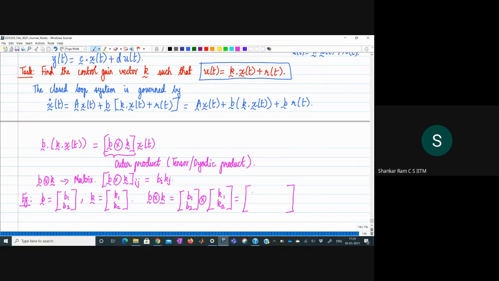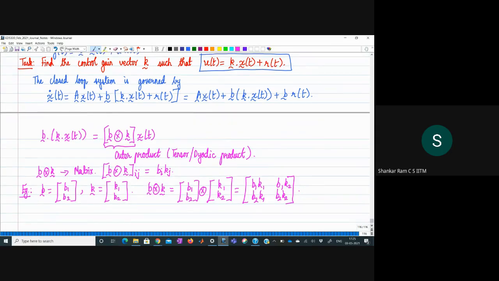The 1,1 element will be B1 K1, and the 1,2 element will be B1 K2. You can see the trend, because I am just using this formula: the ij-th element will be B_i K_j. Similarly, the 2,1 element will be B2 K1, and the 2,2 element will be B2 K2. I'm sure you get the flow as to how we do this. This is how we get the outer product.